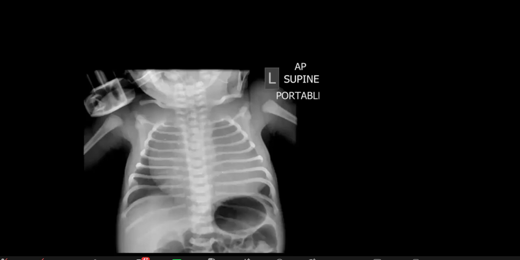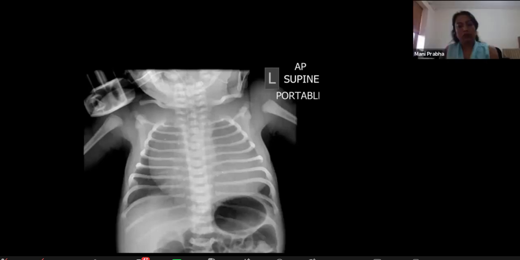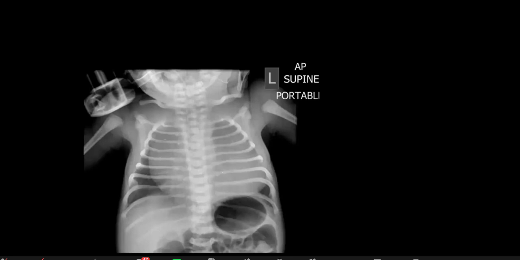Pulmonary arteries are difficult to visualize, but there is oligemia, reduced pulmonary vascularity in the visualized lung. Wonderful. There is massive cardiomegaly, which almost takes up the entire thorax. The spine, ribs, and sternum show no other abnormalities.